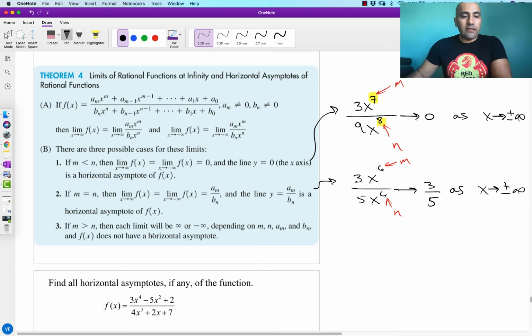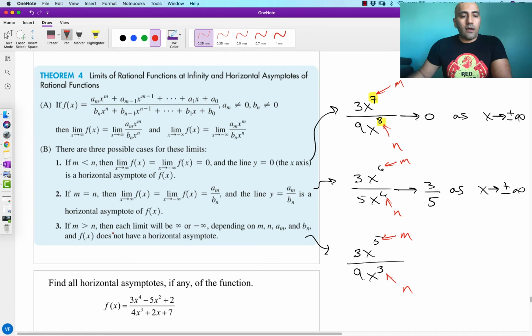Okay. And finally, the last case is the case where the m is bigger than the n. So we might have a situation where we have 3x to the 5th power divided by 9x to the 3rd power, something like that. Here we have a case where the m is larger than the n. That would be this third case, right?